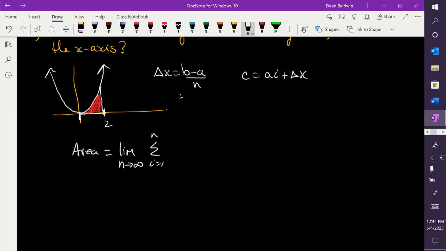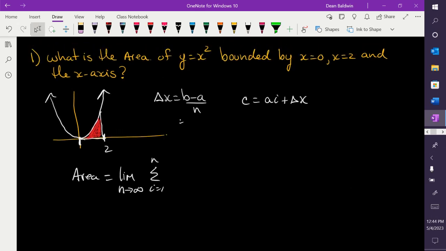First thing we've got to do is find delta x. Delta x is b minus a over n. What's b? 2. a is 0, and n is n, so it's 2 over n.